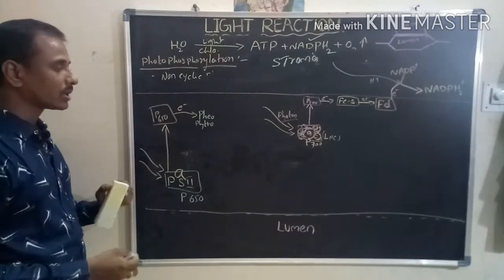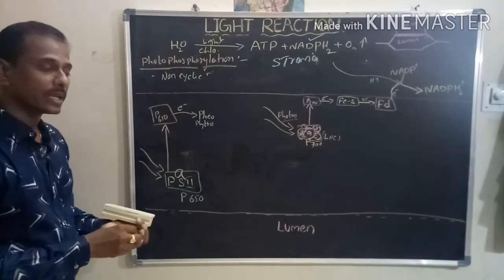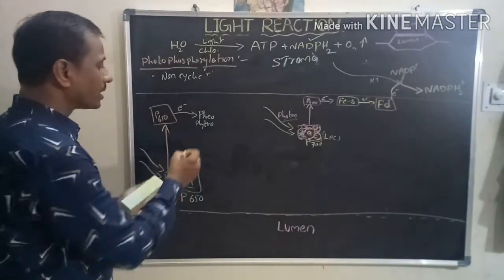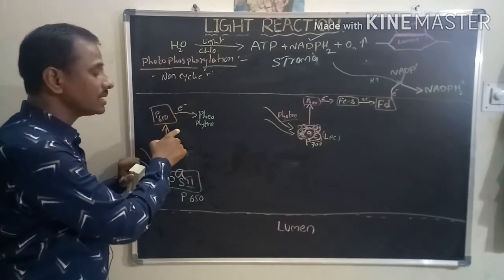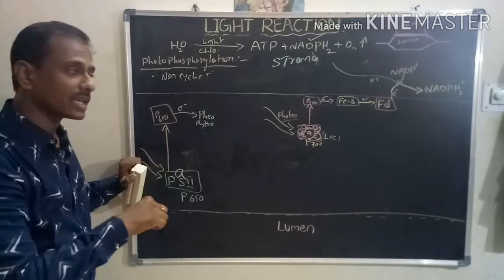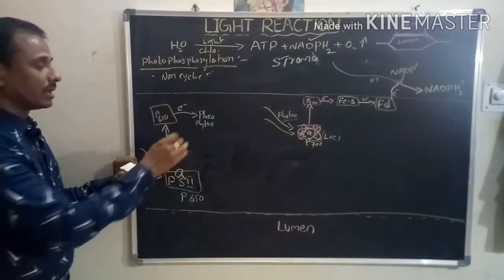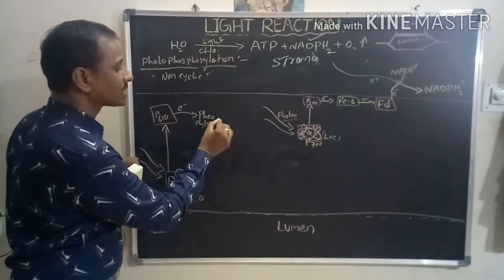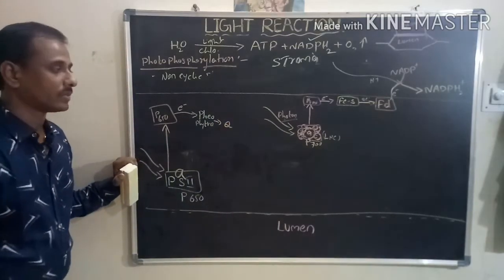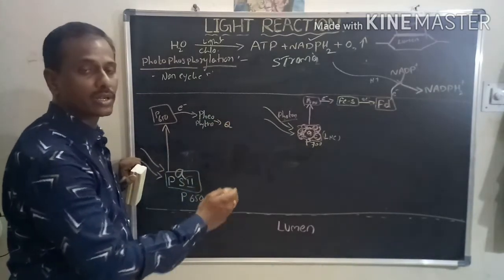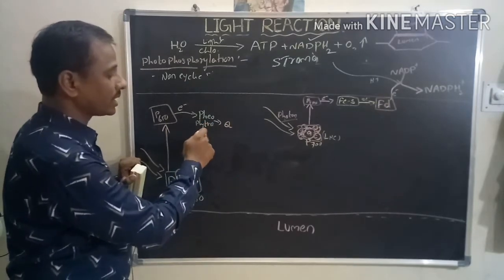What is the intermediate molecule here? Pheophytin. The pheophytin is the intermediate molecule which receives the electron from the P650 in the excited state. Then next, the pheophytin transports its electron to the quinone compound, the protein which is present very near to the pheophytin.